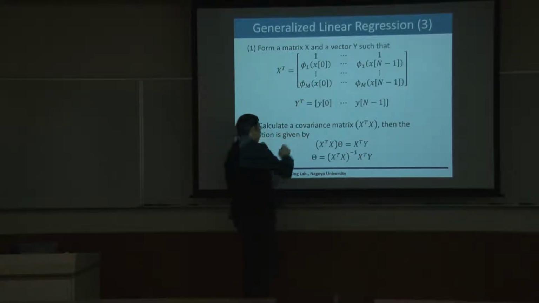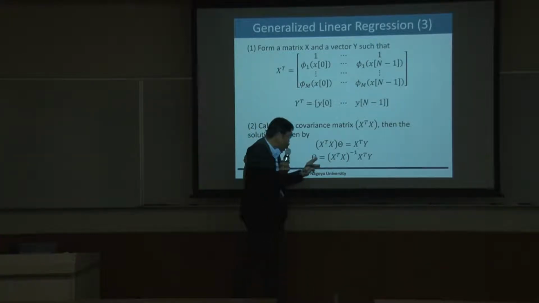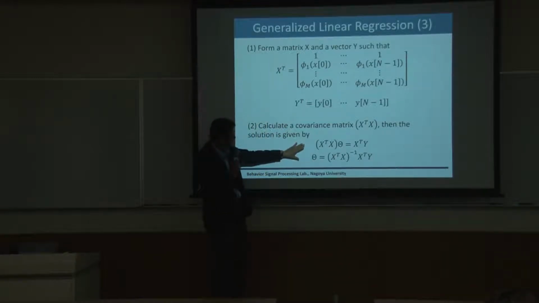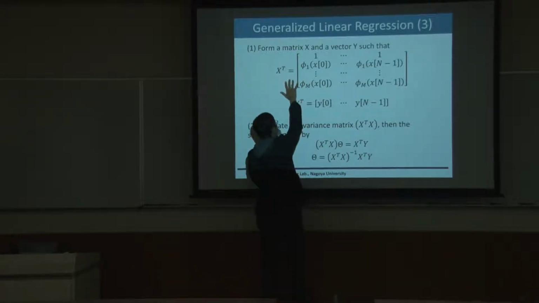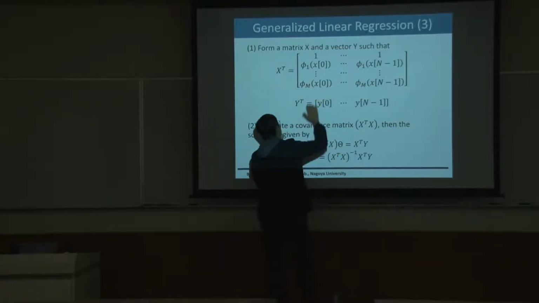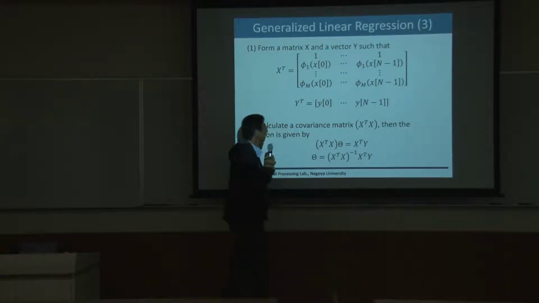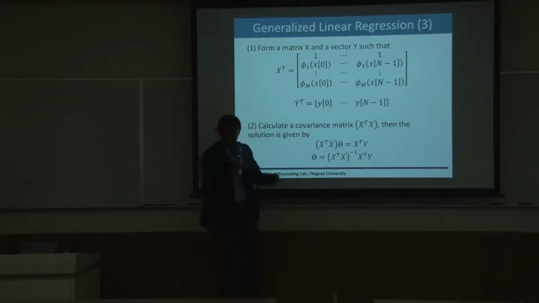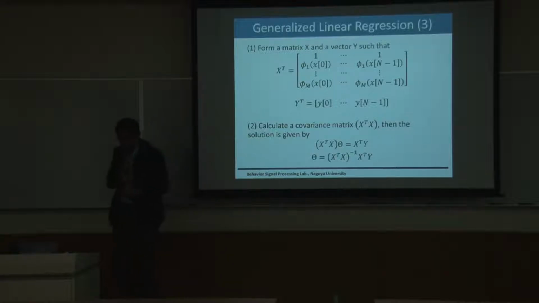And y is still the same, and you can calculate this, invert this matrix, and apply it from the right-hand side, like this. So this is completely the same process. The only difference is this matrix x transpose: not a simple x0, x1, x2 kind of thing, but x operated on by phi m or something like that. So whatever the function is, you can calculate this because x can be observed from real world data. Okay.